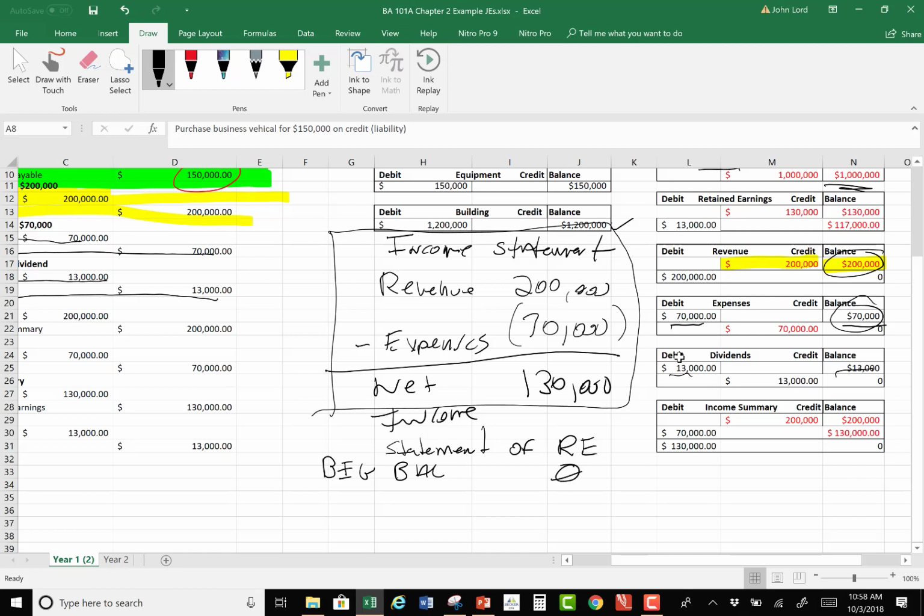Beginning balance is 0. We just started the business, didn't we? So there was no retained earnings because we just started the business, right? Then we add what? What do you add to retained earnings? What do you add to retained earnings? Good. We add the net income.